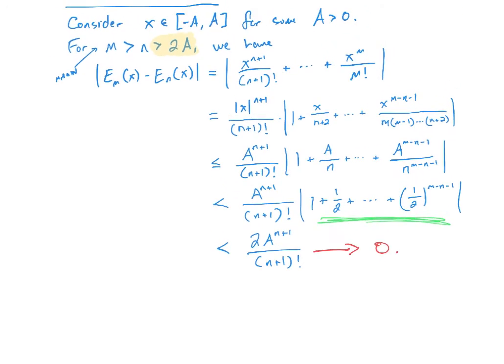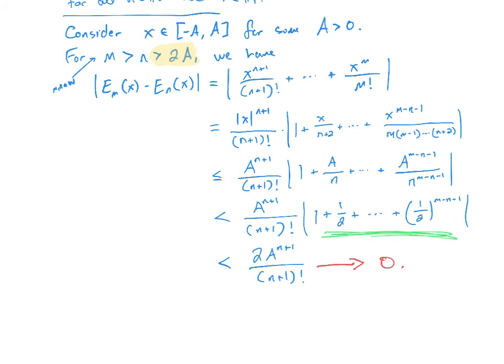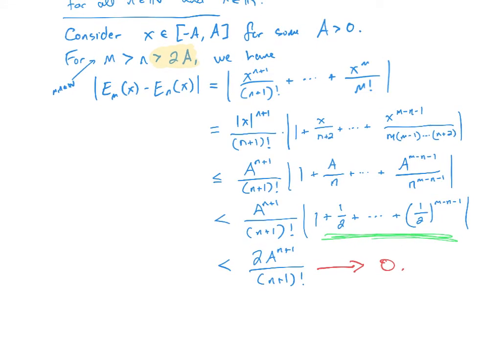Okay, so can you say that one more time? Yeah, so I'm saying here that the limit as n goes to infinity of 2a to the n plus 1 over n plus 1 factorial equals 0, for every fixed a.